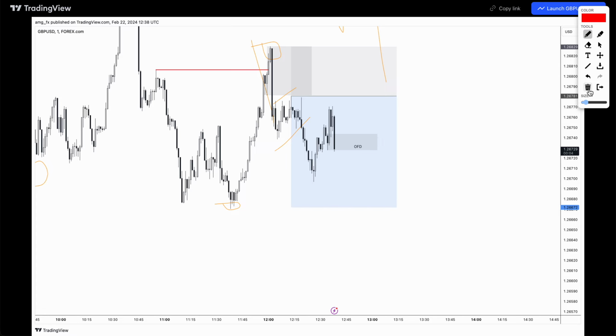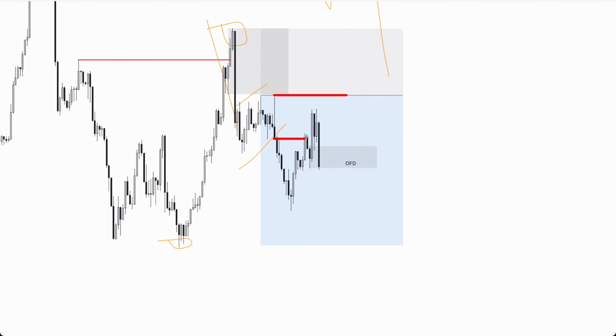But what we had straight after was, on the pullback within this POI over here, apologies for that, we had this very, very micro OFD, okay?